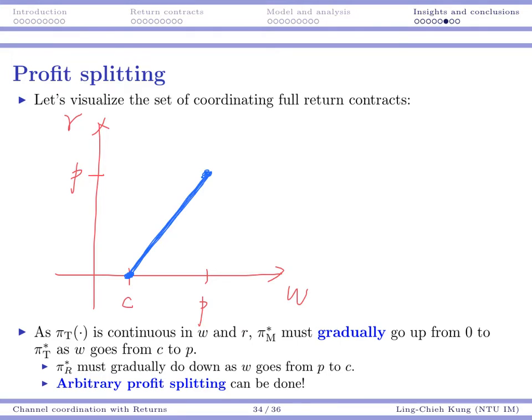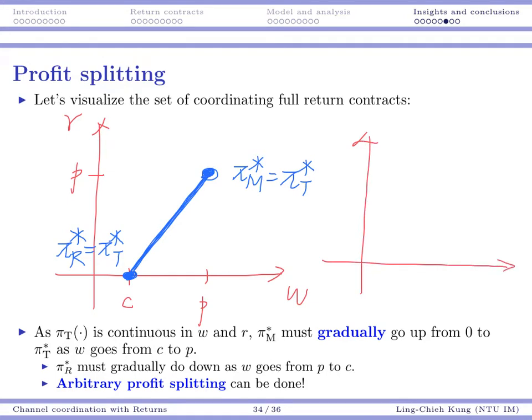Also, we have observed the following. If W is C, then the retailer is earning everything at this particular point. Or if the wholesale price is P, then the manufacturer is earning everything. So we may draw another graph like this.